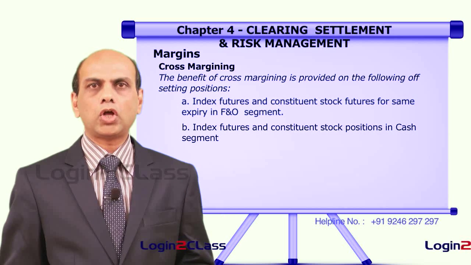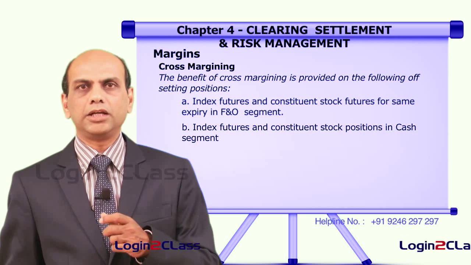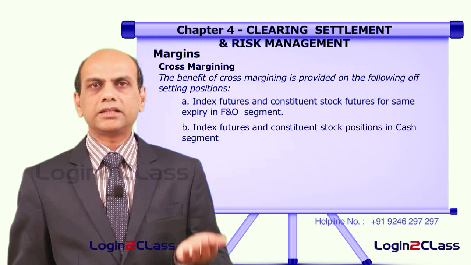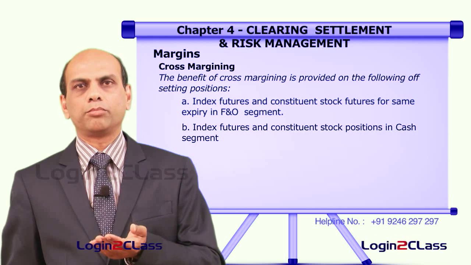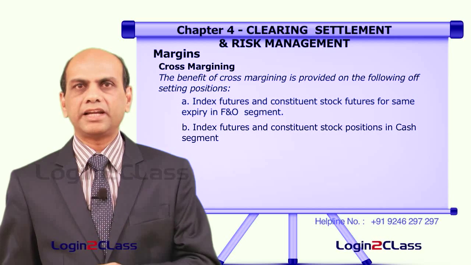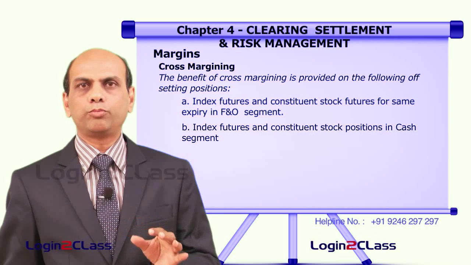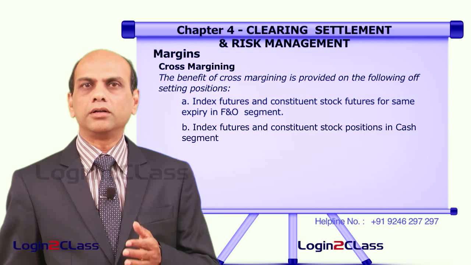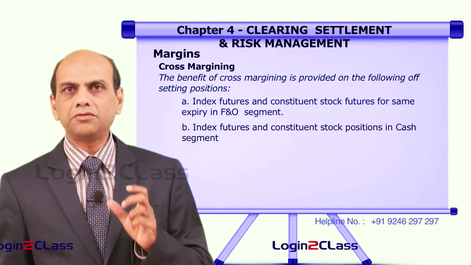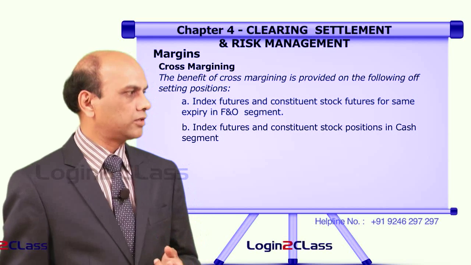So, he is taking a long position on Nifty and a short position on ITC. When the index goes up, ITC also goes up because ITC is a component in Nifty. So, there will be a loss in ITC and a profit in the index future long position. Both put together, the net loss will be slightly less, so only the differential has to be paid by the trading member to the exchange.